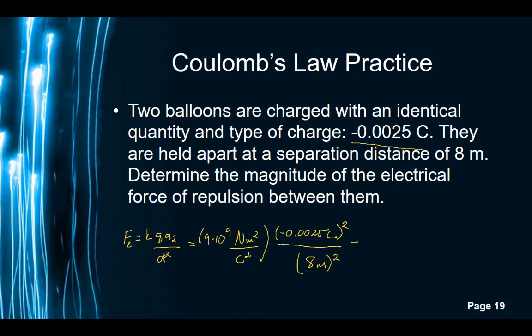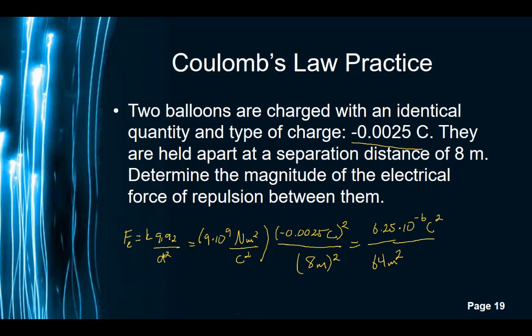When we do the math, 8 times 8 is 64 square meters. And up here, I'll just write it in scientific notation, 6.25 times 10 to the negative 6th coulombs squared.